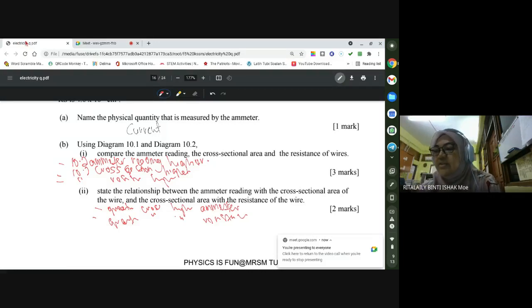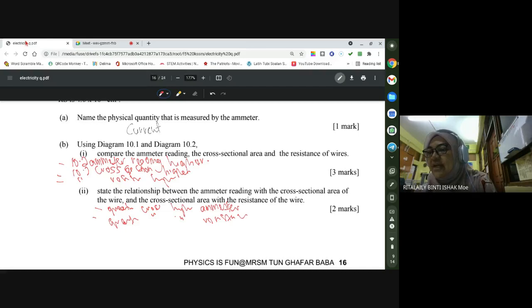The greater the cross-sectional area, the higher the resistance. The greater the cross-sectional area, the higher the reading of ammeter. Sarah agrees with Ivy's answer for both, is it? For answer number 1 and answer number 2.